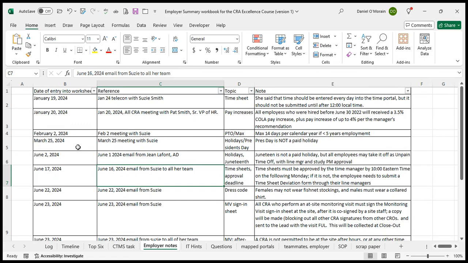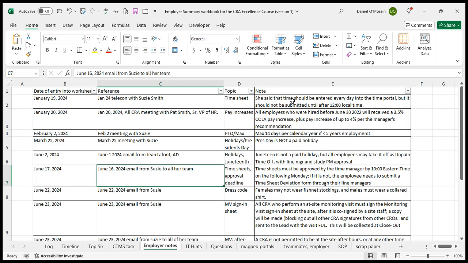I've got several columns. First one is the date of entry into the worksheet. The reference, in other words, where the information came from. Was it an email, a meeting with your line manager, etc.? The topic, and the note itself.